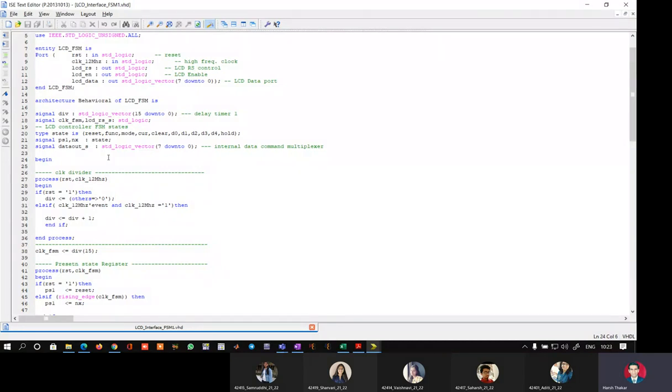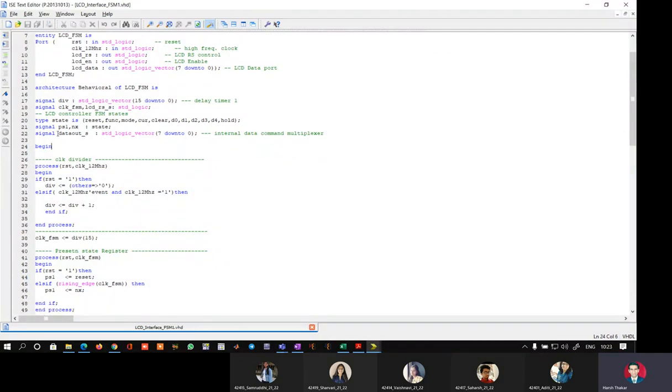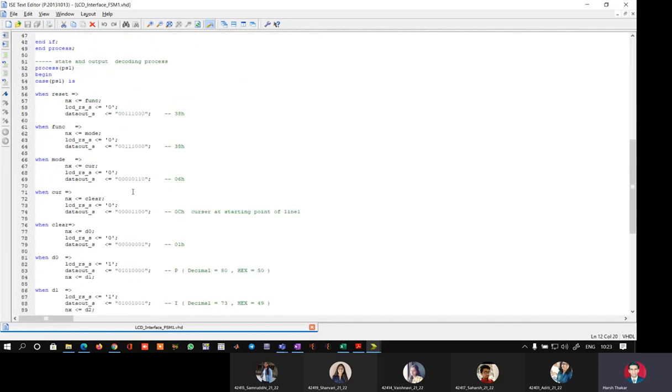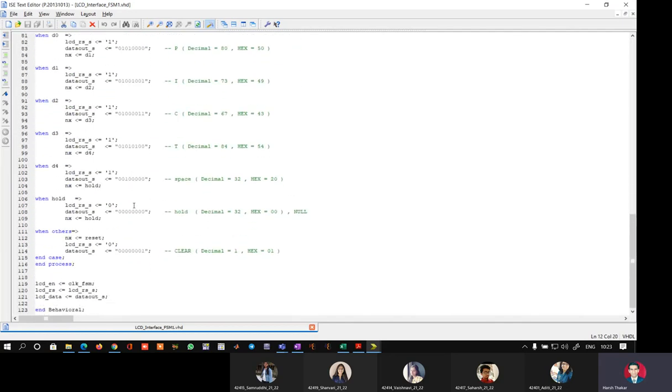That is why we can see that the dummy signal data_out_S is assigned to the output signal LCD_data way down in our model here. You can see on line number 121, I am assigning the dummy signal data_out_S to my entity declaration's output signal LCD_data.